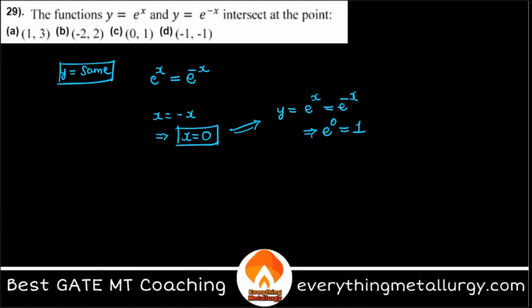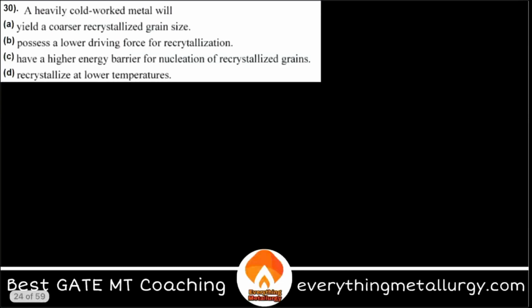So the coordinates of the point will be 0, 1. So my answer is option C. What we did here was equate the functions to get the intersection point. Okay, so this is about this question, and let's discuss the next question.